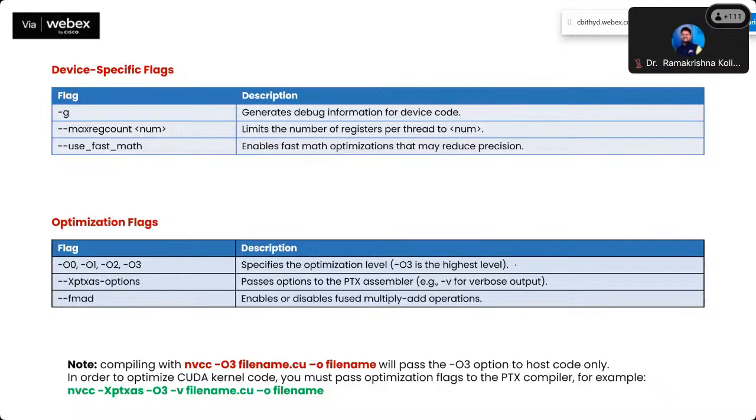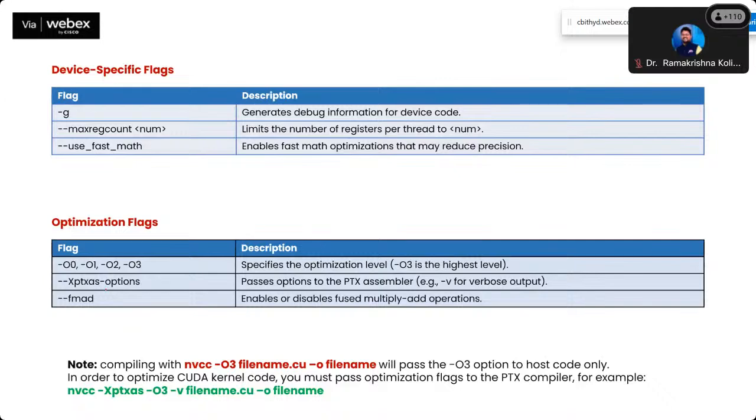But remember, it is not guaranteed that the highest level of optimization will give you better performance. In some cases it will, and in some cases it even worsens the performance. It depends totally on the complexity of the algorithm. It is not a hardware problem, it depends on the way we have written the algorithm.